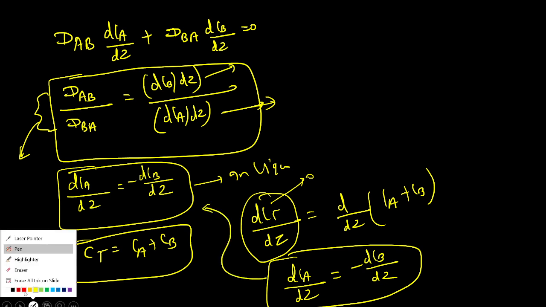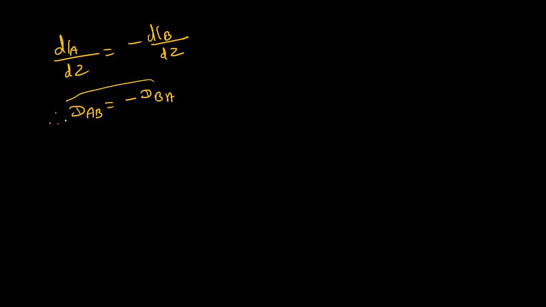Now the next thing is, what are the findings that you can get from here? I have written that dCA by dz is equal to minus dCB by dz, so you can write DAB is equal to DBA.